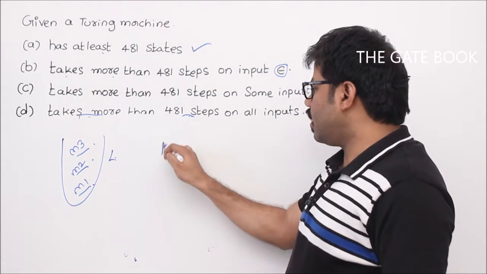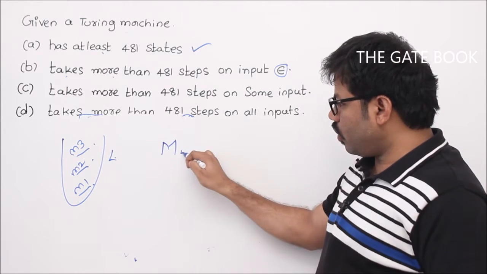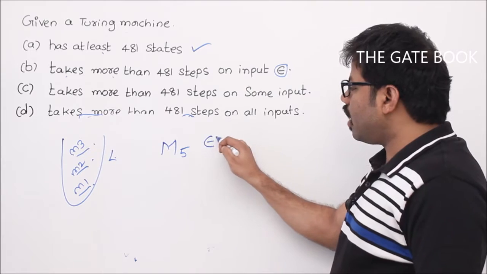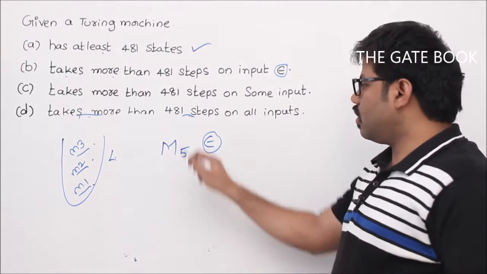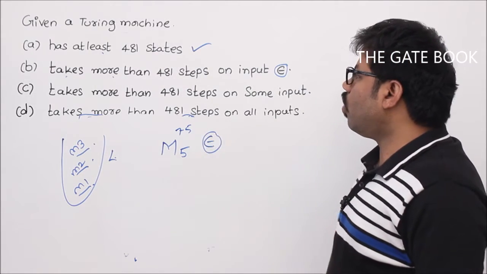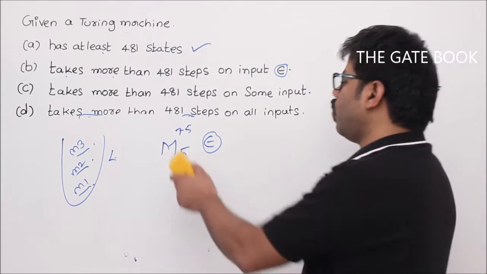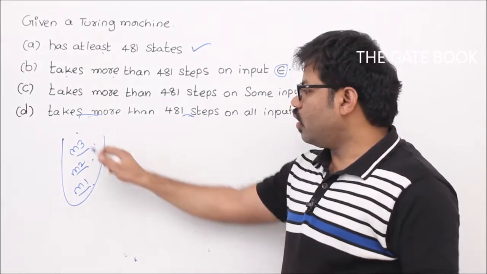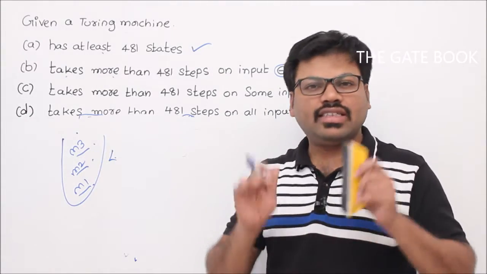So for example, let's take an interview of some Turing machine M5. Mr. M5, if I run you on epsilon input, how many steps do you take? 75. Oh, then you don't take more than 481? Yes, I don't take more than 481. Then don't collect it. If you do that, then you will form some collection. That collection is a language.